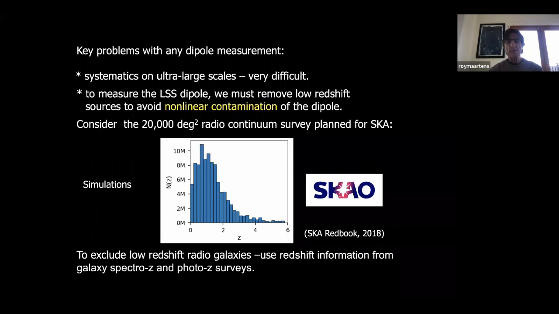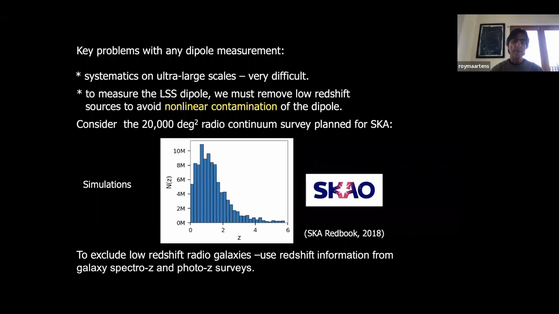So if we consider the future 20,000 square degree radio continuum survey planned for the SKA, which will be like a deluxe version of the NVSS, we have millions of radio continuum sources going out to redshifts of almost 6.